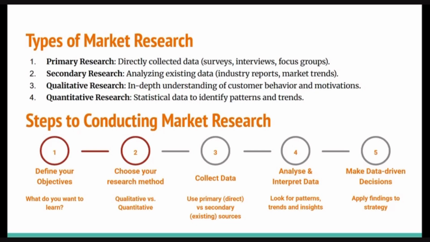You don't want to spend too long doing your research. So if you have time on your hands, you can try to do both primary and secondary, both qualitative and quantitative research. But if you have a limited amount of time, look for the method that works best for you, that's easier for you to use at that point in time for that particular objective, and just use that one.